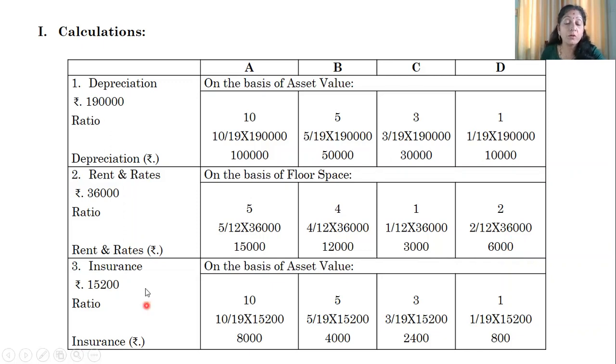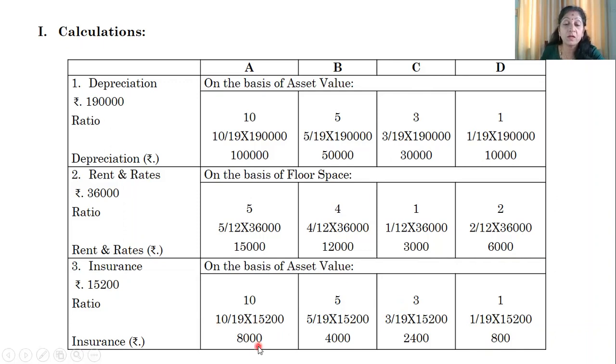Next, I move on to insurance. Insurance of rupees 15,200 is given in the problem. It is on the basis of asset value. So we already calculated the asset value ratio. We have to bring it here. The ratio is 10:5:3:1. How do we calculate? 10 divided by 19 into 15,200.